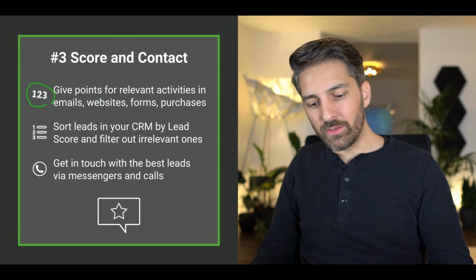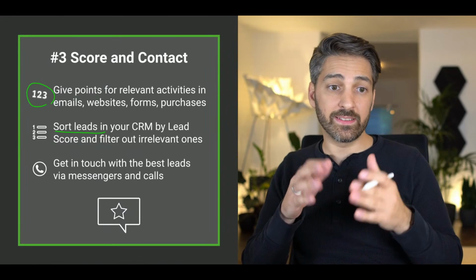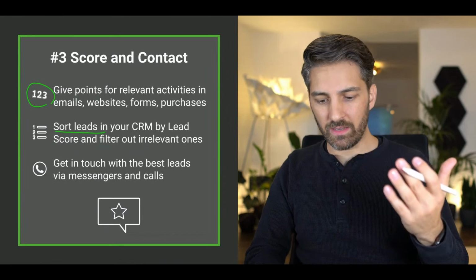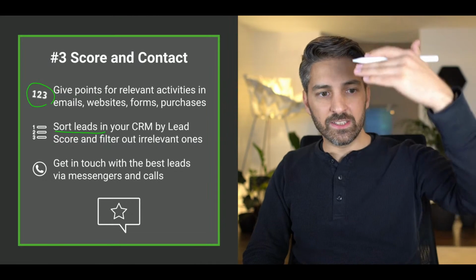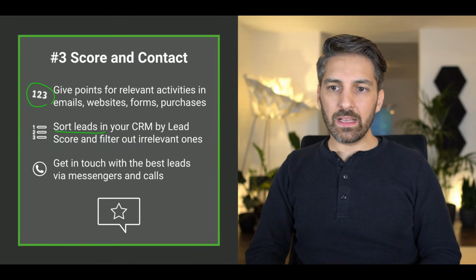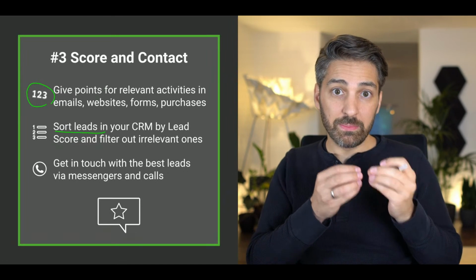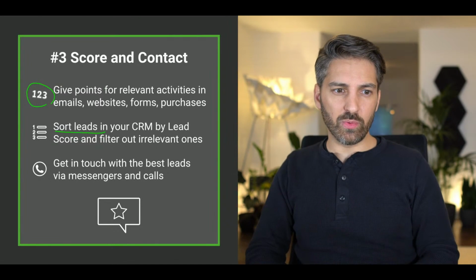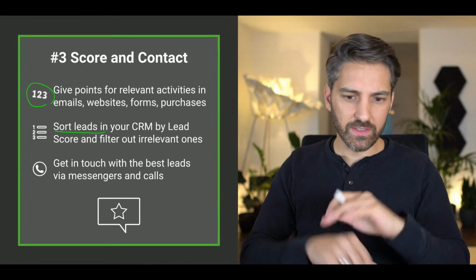And then that allows me to sort my leads in my CRM. It could be, as I said, the MailChimp, the ActiveCampaign, the Klaviyo, the HubSpot. And I can sort them in my CRM by lead score, which allows me then to filter out the irrelevant ones. Maybe my team tested everything and I can just filter them out.